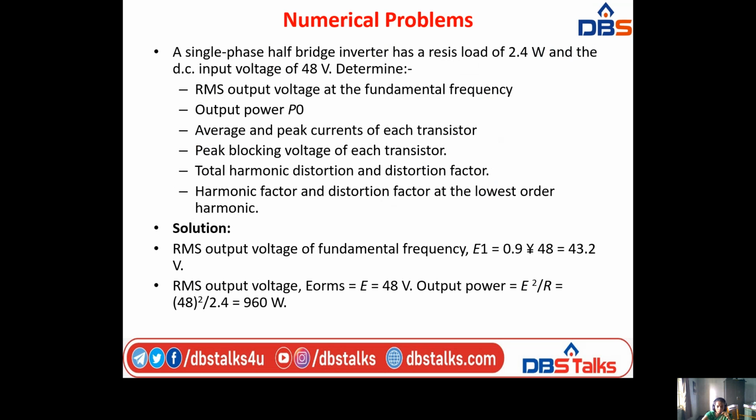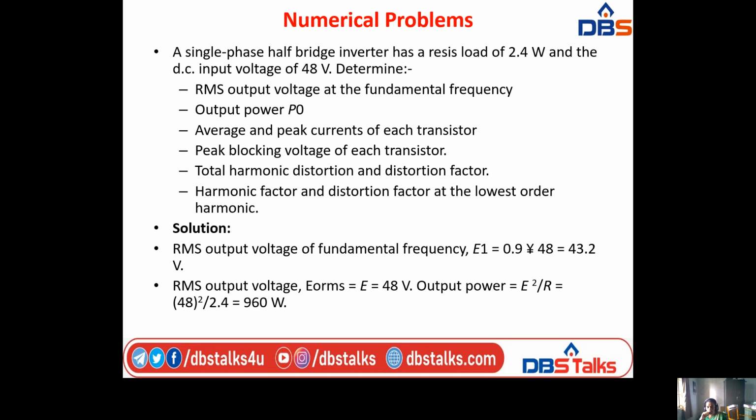So coming to some problems, we have to see this. A single phase half bridge inverter has a resistive load of 2.4 ohms and a DC input voltage of 48 volts.